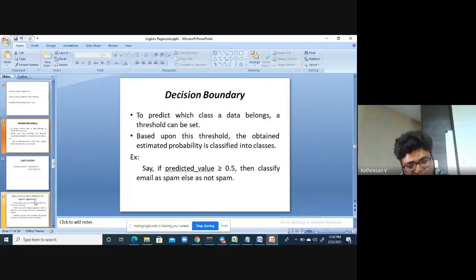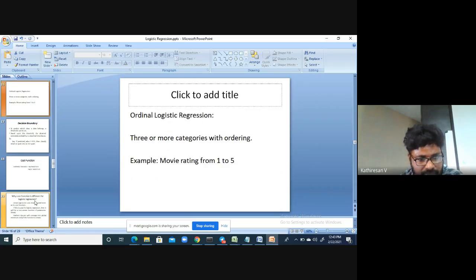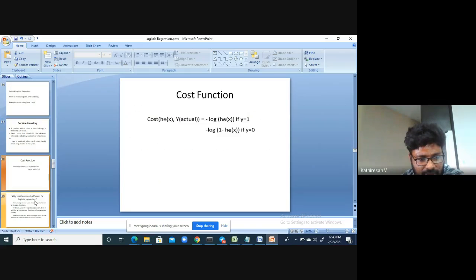Just look at the web how ordinal logistic regression, 3 class logistic regression, and 4 class logistic regression are performed. Just look at the web and tell me before the class.